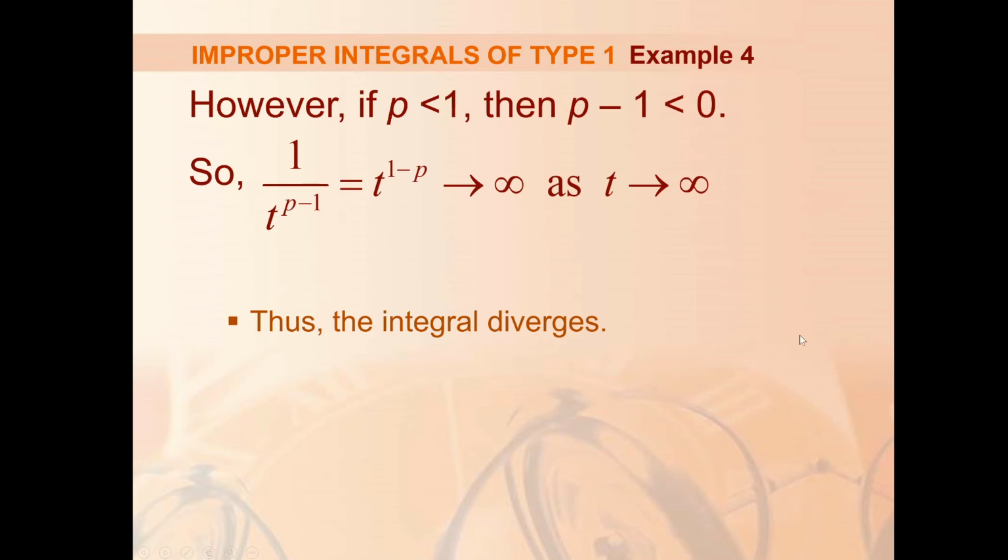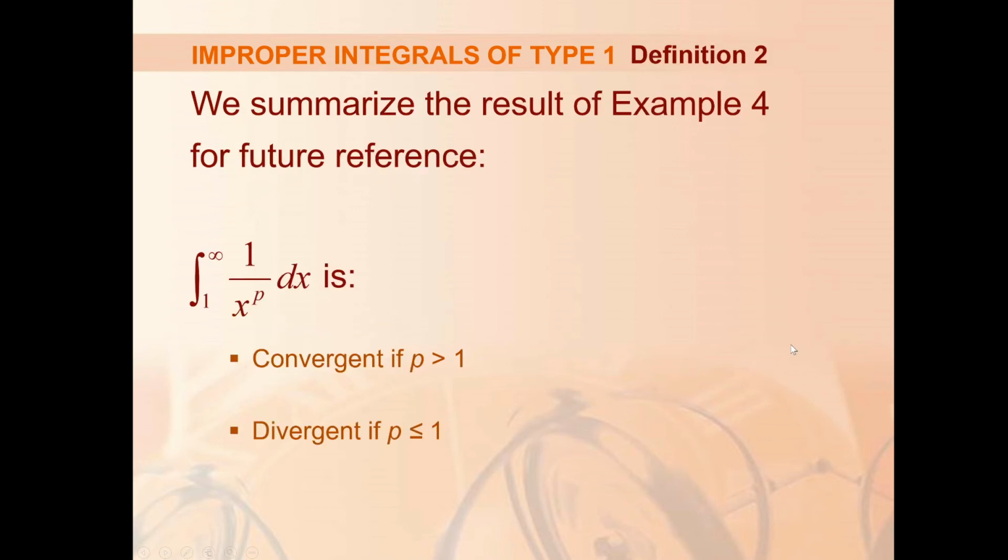Thus, the integral diverges. So again, anytime you see that p is greater than 1, the improper integral is convergent. And if you see that the value of p is less than or equal to 1, the improper integral is divergent.